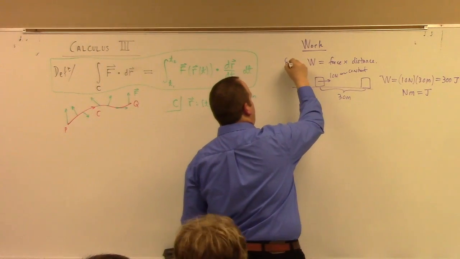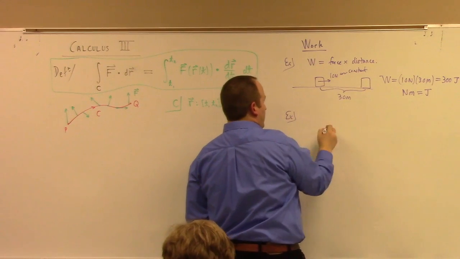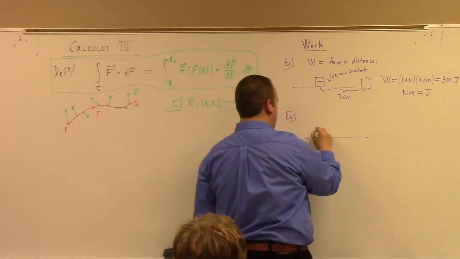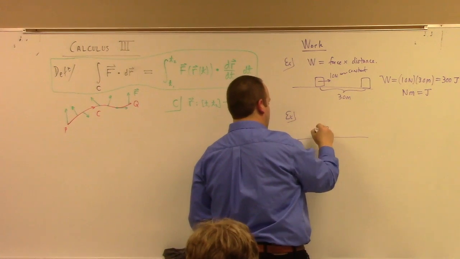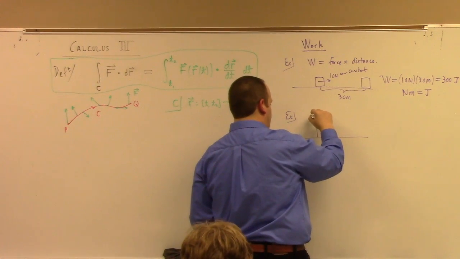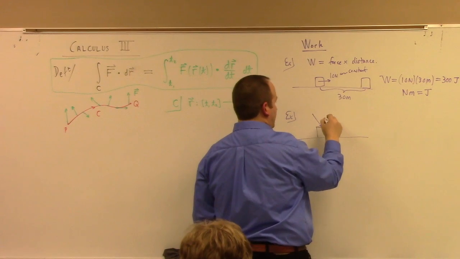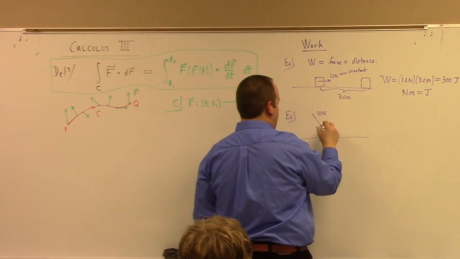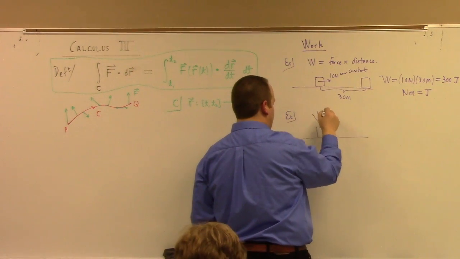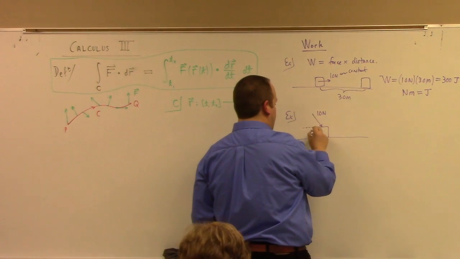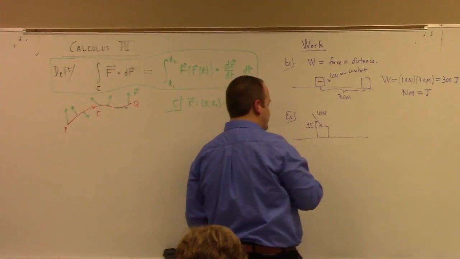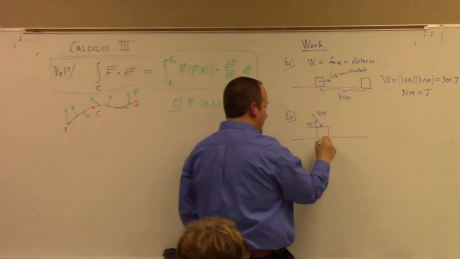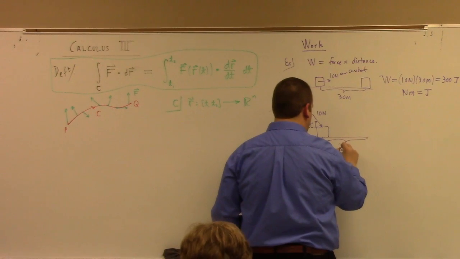Next hypothetical. What if you move the box the same distance, but with 10 newtons put at this angle, like here? I need to describe this geometrically. I suppose that angle is 45 degrees, and again, you move the box 30 meters. How much work have you done?